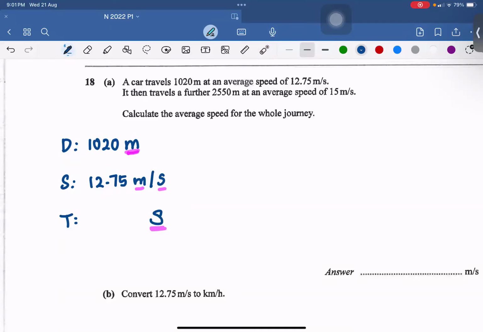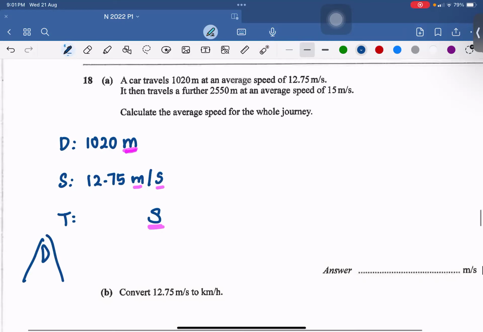So how am I going to find time? Distance, DST, right? Yes, DST. So how do I find time? Time is distance divided by speed.